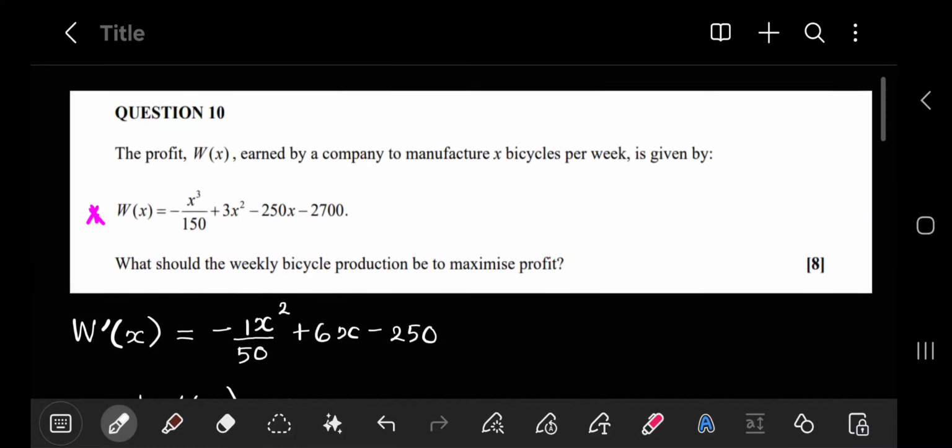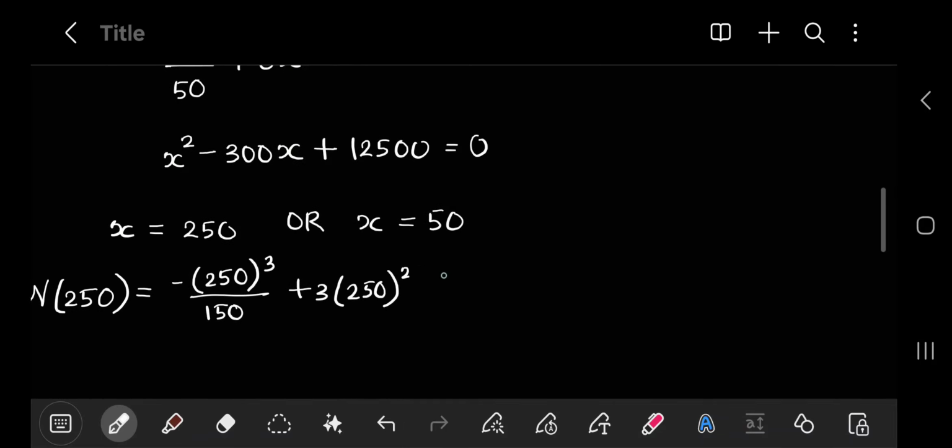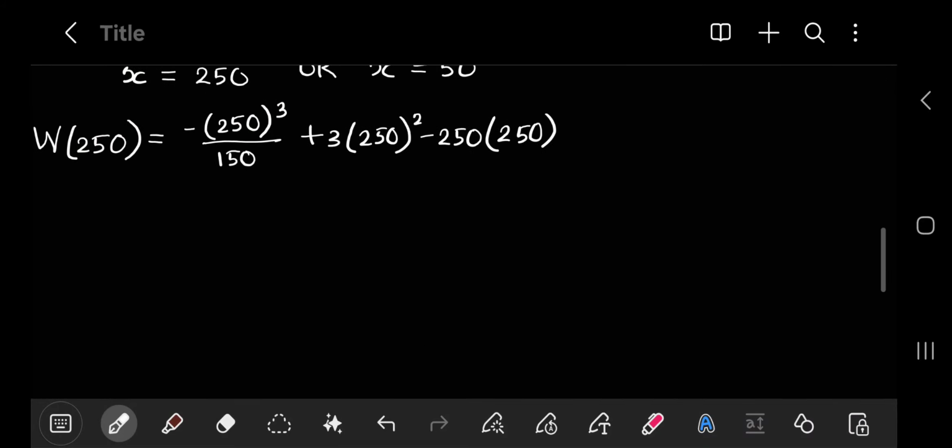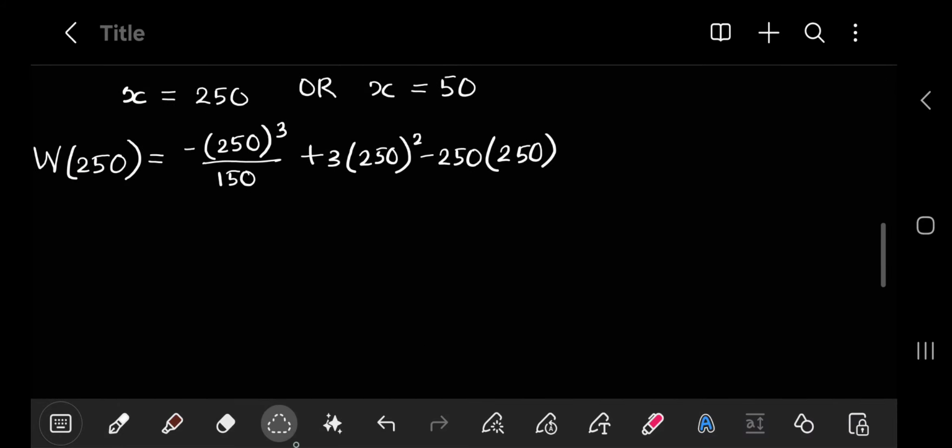I'm first just working with the 250. Now, I'm just doing this here to show you guys what your substitution should look like.